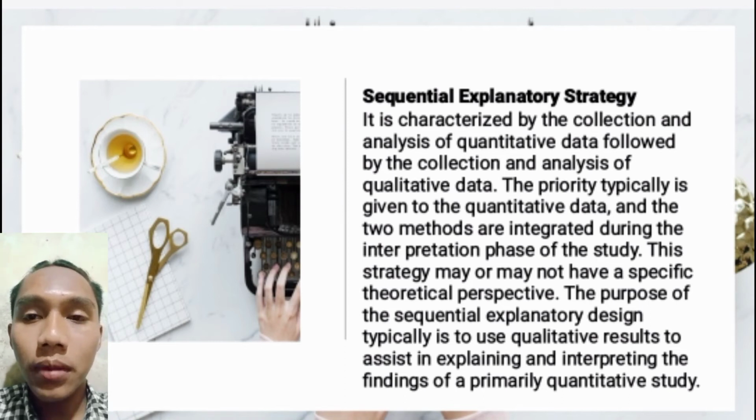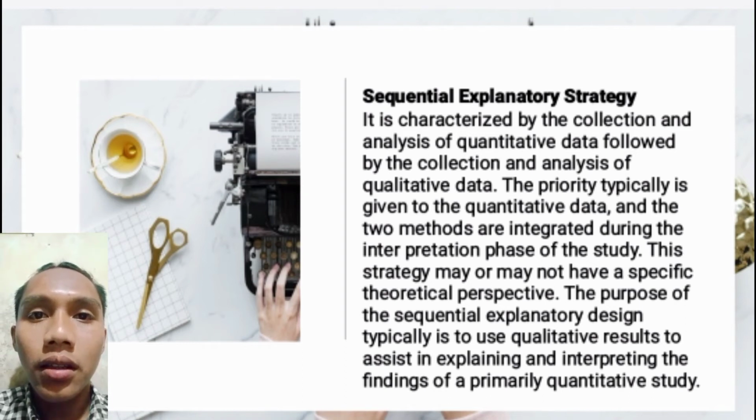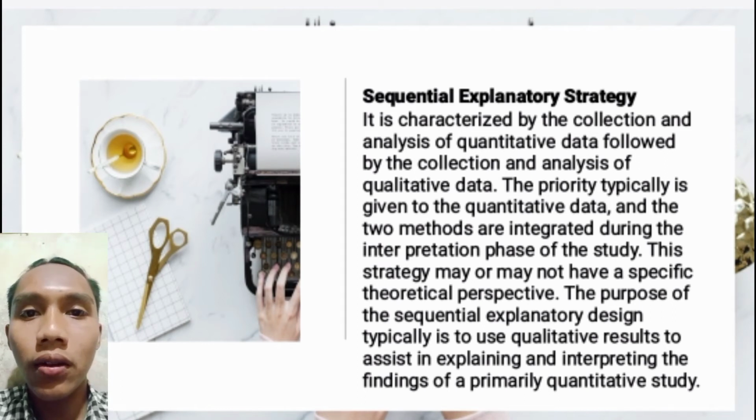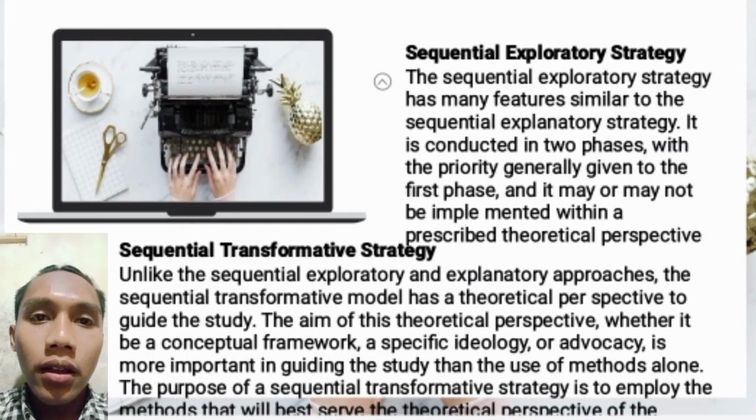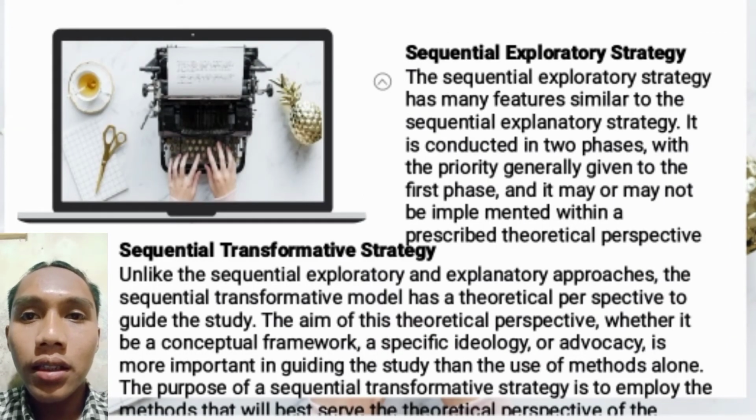The strategy may or may not have a specific theoretical perspective. The purpose of the sequential explanatory design typically is to use qualitative results to assist in explaining the findings of a primarily quantitative study.